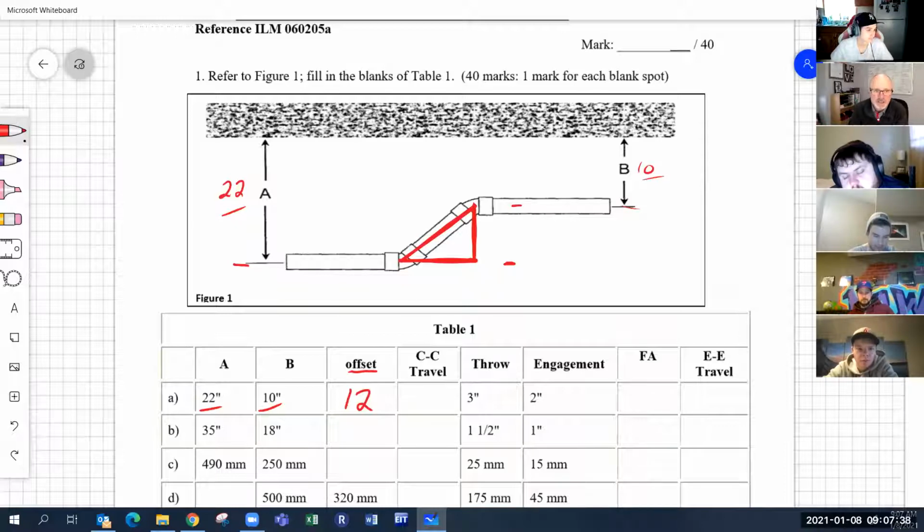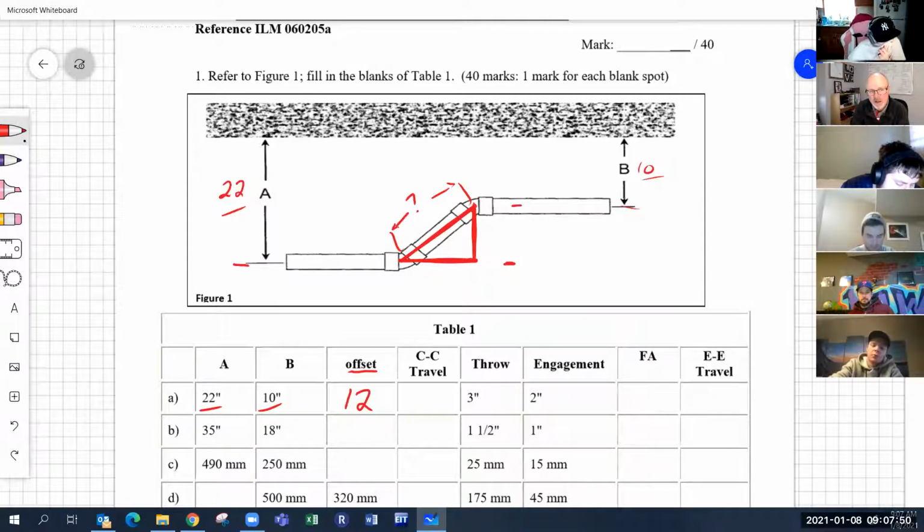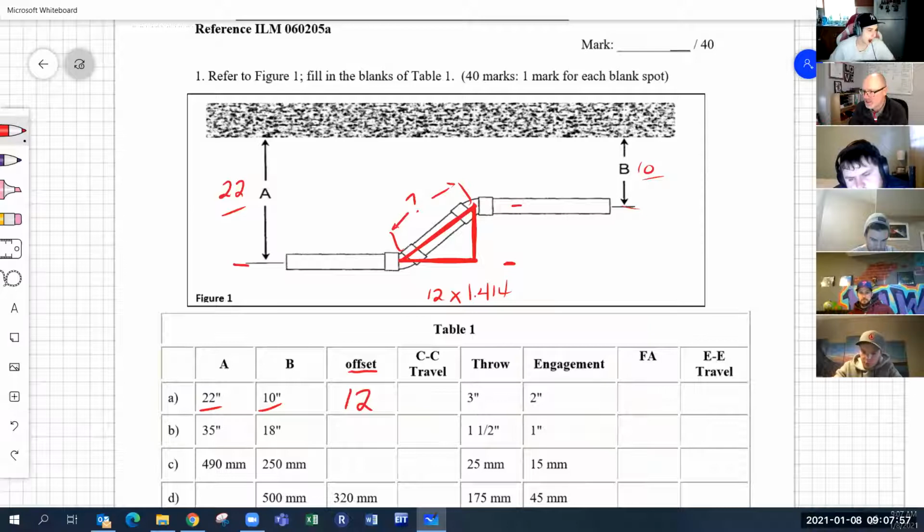Now to find the travel, and if I had a rise or a run or an offset, I could simply take that 12 and multiply it by 1.414 to give me my center to center travel, which is 16.96.